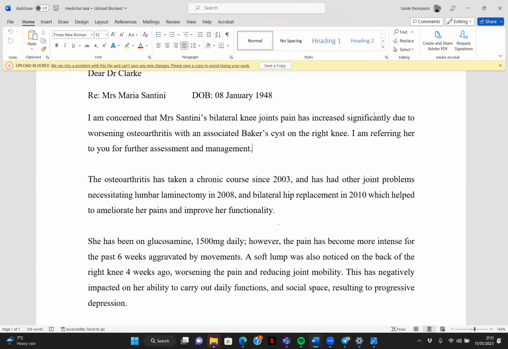The background will most of the time include your social history and your medical history, if they are relevant in that writing. Your treatment so far is the summary of how the problem first started, the presenting complaint, and the treatment you've given so far.